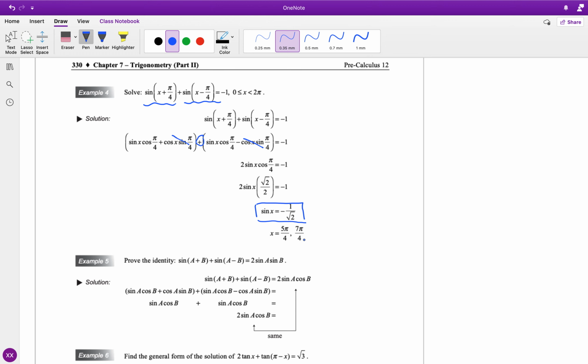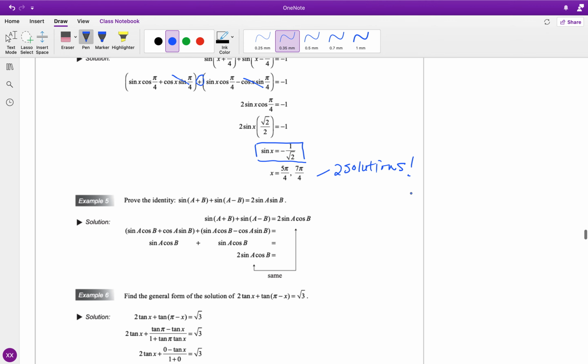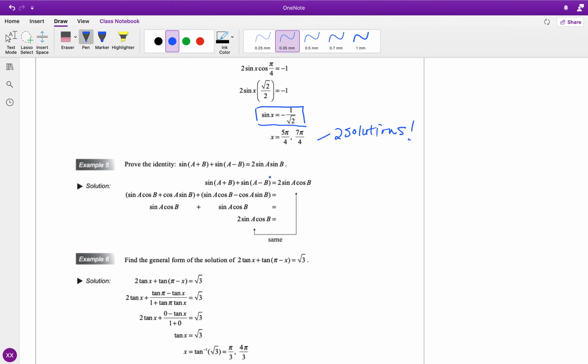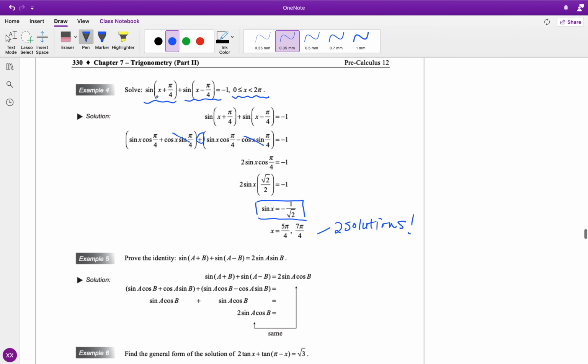And then we have mentioned before, because x is from 0 to 2 pi, there are two solutions. This is one of the major important things, two solutions. All right. And then proving this, well, this is exactly the same as this one, right? So you got two angles, the sum of the two angles, the difference of the two angles, and in the end, you got 2 of this.